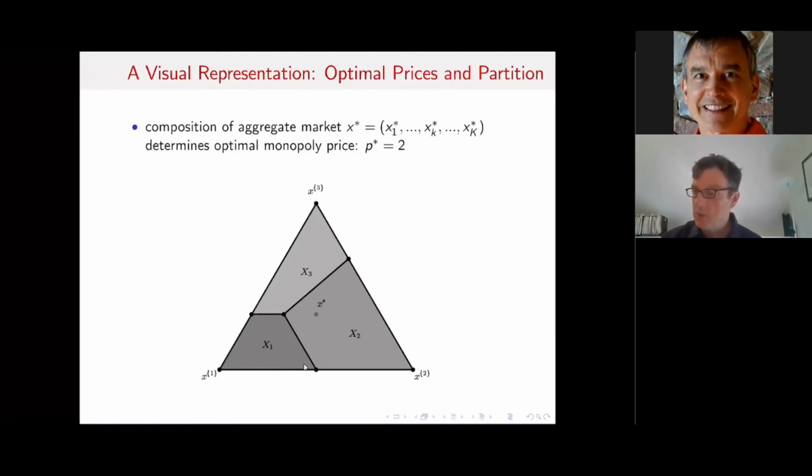If I charge a price 2, then I'm going to get a sale with probability 2/3, namely to people who have value 2 or 3. And therefore the expected revenue is 4/3, which is larger than 1. Or by contrast, if I'm charging price 3, then I will get only probability of 1/3 of making a sale. And so my expected revenue is back again down to 1. So clearly setting a price 2 is optimal.